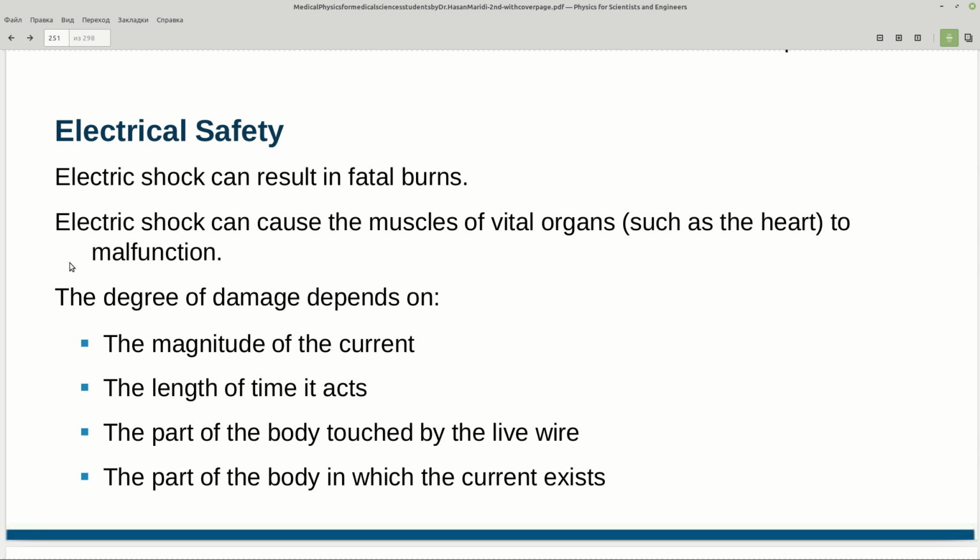Generally, there is little or no damage, but if you have some electrical device like a cardiostimulator, yes, this type of various currents, like 1 milliampere or 10 milliampere, where you have muscle contraction, may leave you unable to let go of a live wire.